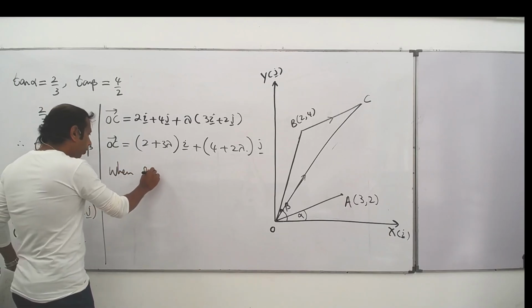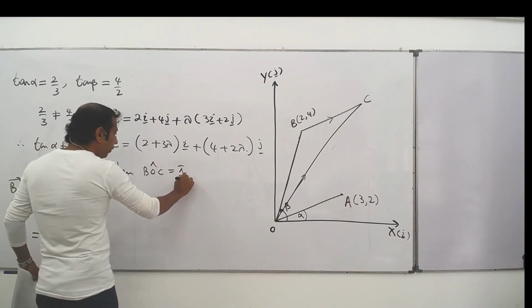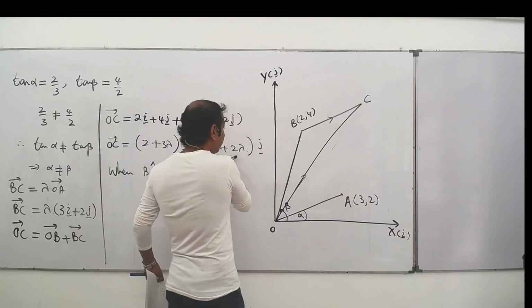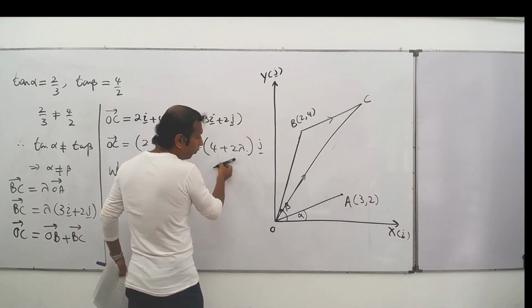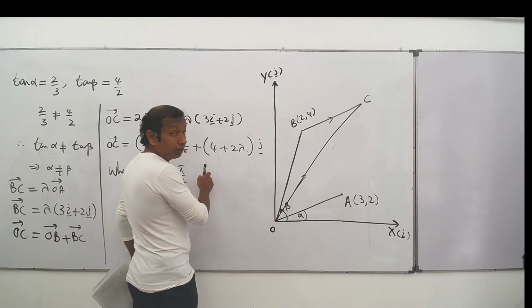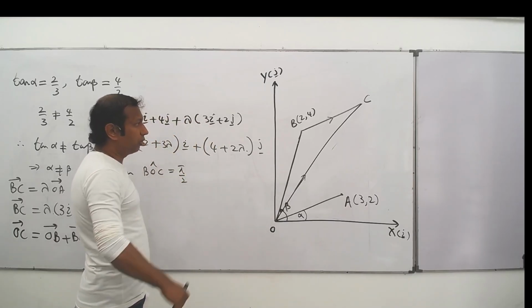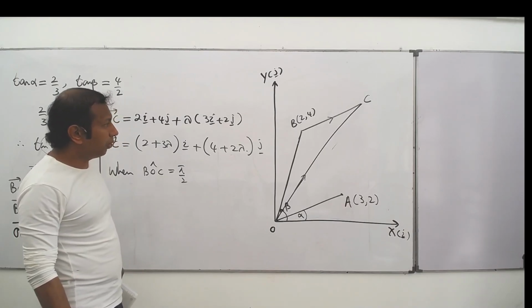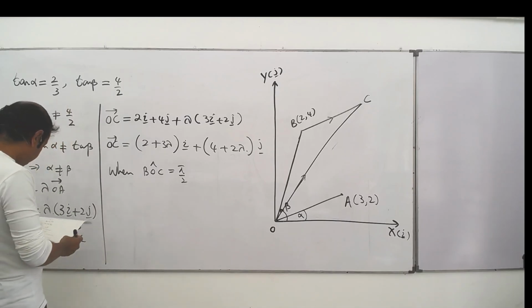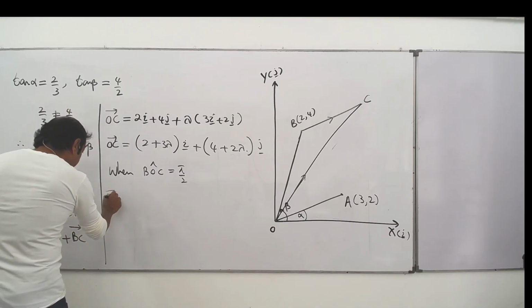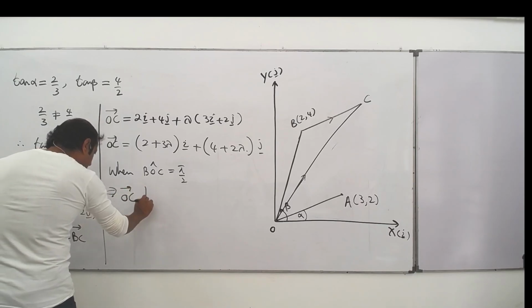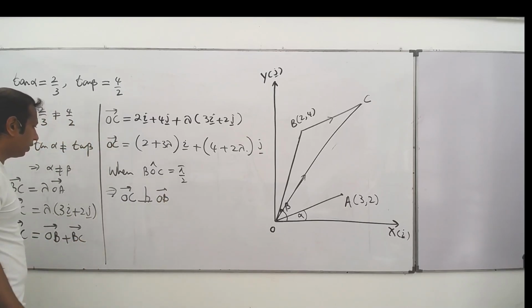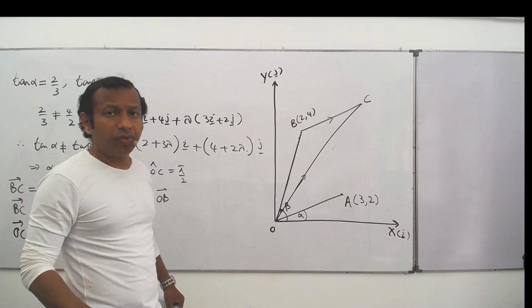When angle BOC is pi by 2, in this case, this C should be here. Then only it is possible for this BOC to be 90. That means lambda should definitely be a negative value, right? If BOC is 90, it means OB and OC are perpendicular, no? This implies OC vector is perpendicular to OB vector. When two vectors are perpendicular to each other, you know the dot product between the vectors is 0.